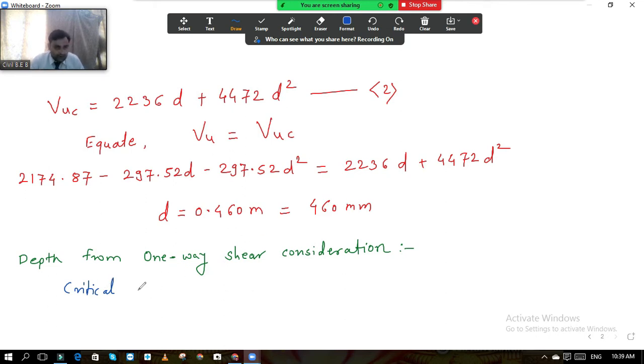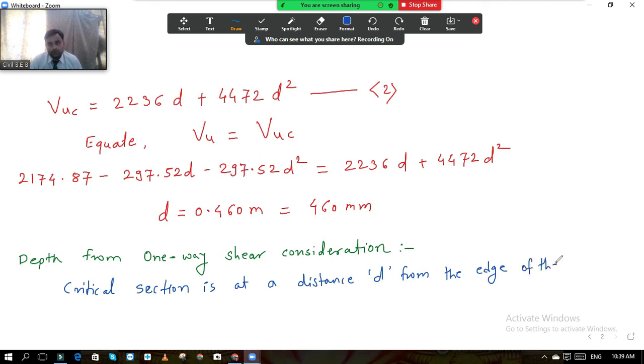Critical section is at a distance d from the edge of the column.